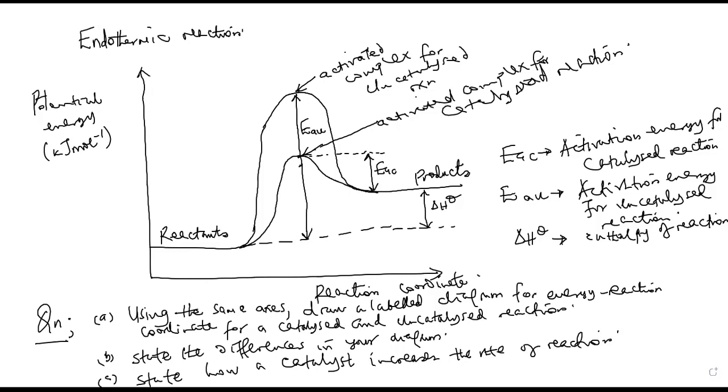For example, you can look at dilute sulfuric acid acting as a catalyst in the iodination of propanone, or in a reaction between hydrogen peroxide and iodide ions. You can look at the oxidation of vanadium 3 ions to vanadium 4 ions by iron 3 ions using copper 2 ions as a catalyst.